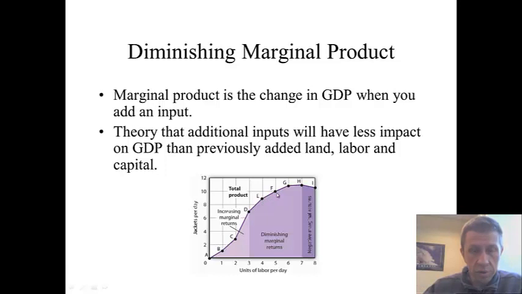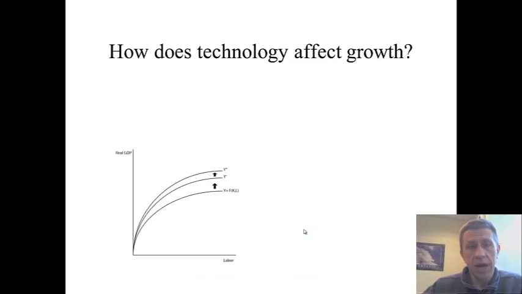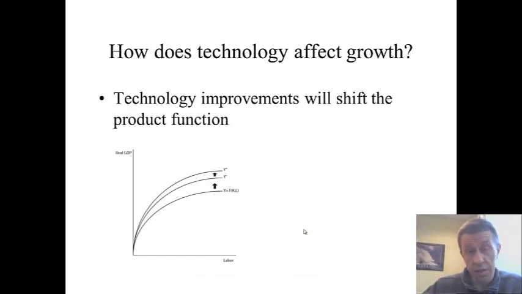The extra return is less. You're still getting a return, but it's not as much. That is different than negative returns, where adding an input decreases output, where you see from H to I. Diminishing marginal product: additional inputs would have less of an impact on growth or on GDP.